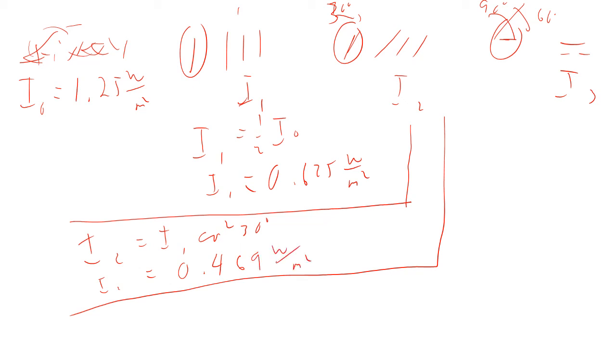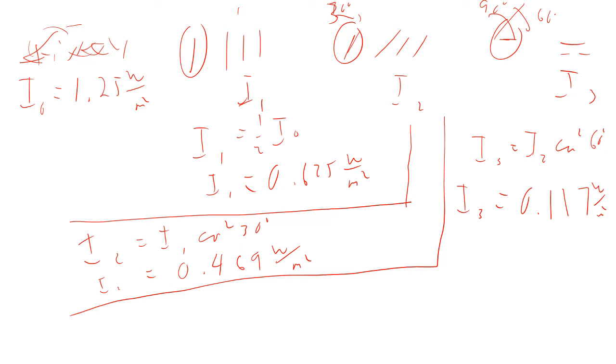So what about I3 over here? Well, I3 is going to be I2 cosine squared 60 degrees. So I3 will be 0.469 times the cosine of 60 degrees squared, and that's going to be equal to 0.117 watts per square meter.